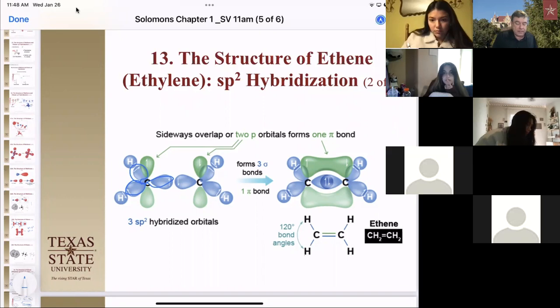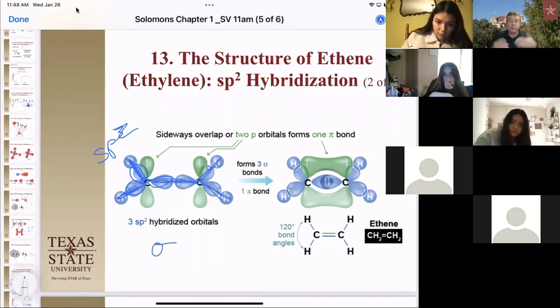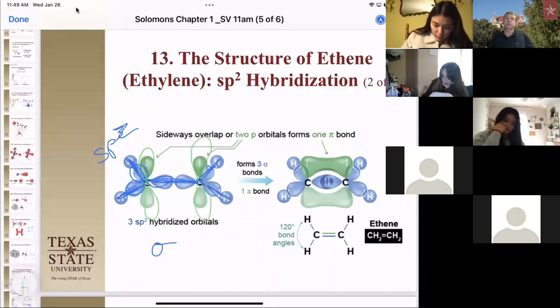Okay, so in this case here, we're going to take our sp2 orbitals and bond to the carbons and the hydrogens, and those are going to give us sigma bonds, our hybrid primary overlap sigma bonds, and that gives us our p orbital above and below, and the p orbital on the next carbon above and below.